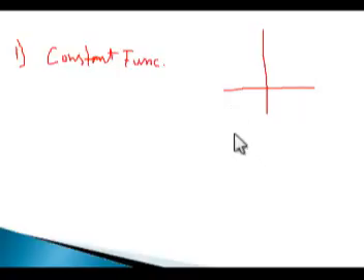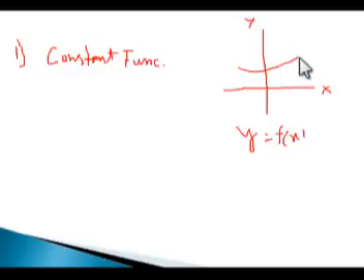Function is, if you take a Cartesian plane, x and y axes meet perpendicularly. Here x is the independent variable and y is the dependent variable. Then I will get a function like that: y equal to f(x). And if we put all these values of x, then we will get a function or a graph of y. So this is y equal to f(x).